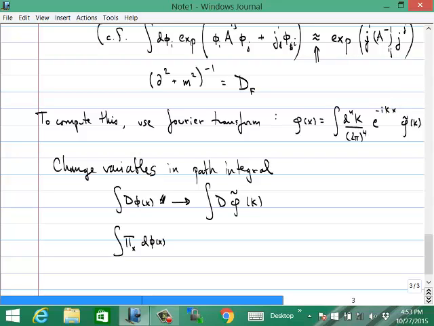That's all that we mean by a functional integral. And I'm just doing the change of variables, where now we have the integral over all momentum modes, where I'm just doing a standard one-dimensional integral over all possible momentum modes.